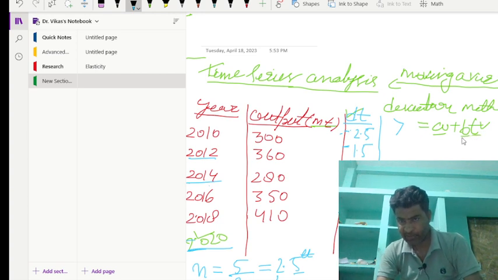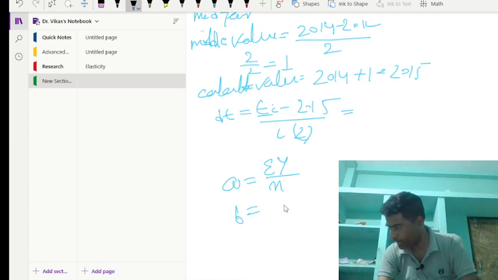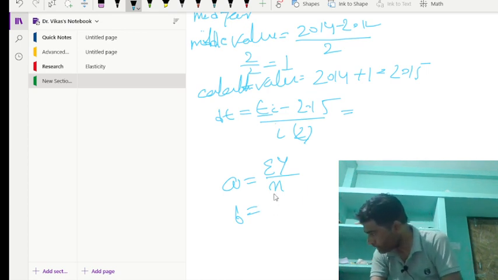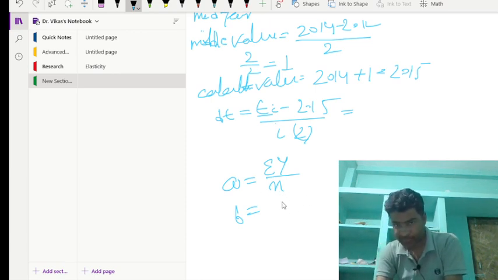Now we will need to find the B and A. Here A is the average, that is the sum of the total output upon N. And B is the coefficient, which will be found out by the formula sigma dty upon sigma d squared t.